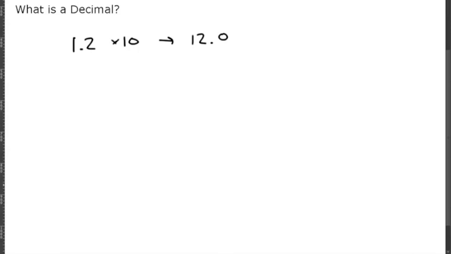So I'm just taking the decimal and moving it over one space. Now let's say I take that 12.0 and I multiply that 12.0 by 10. Again, I'm just taking this decimal and moving it to the right. So now, in this case, it's going to be 120.0. We're just holding that as a place value so you can see as it moves.